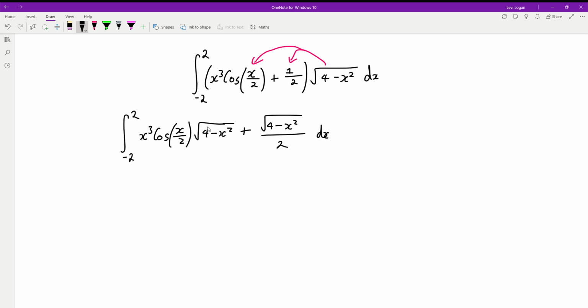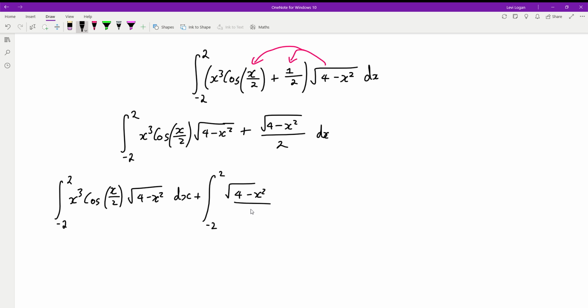Now we can break this integral up because of this plus sign here, so we can rewrite it as two separate integrals. The integral between -2 and 2 of x cubed cos of x over 2 square root of 4 minus x squared dx, plus the integral of -2 to 2 of square root of 4 minus x squared on 2.